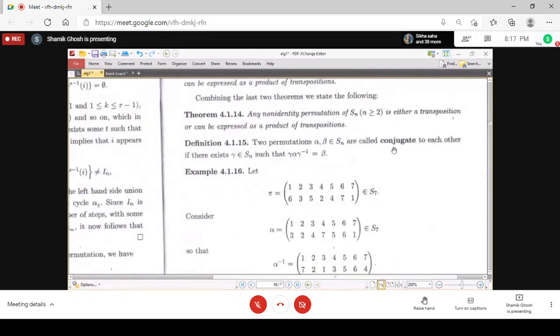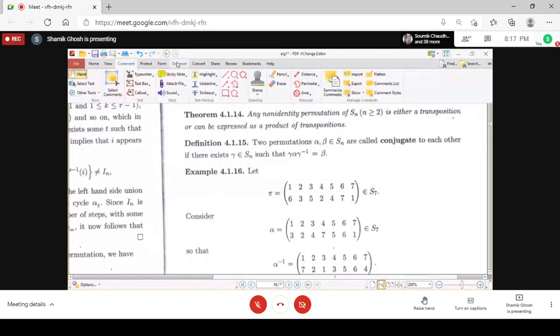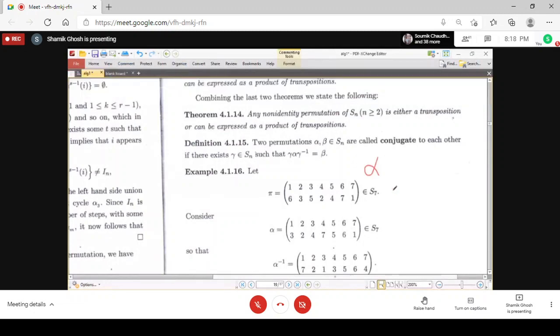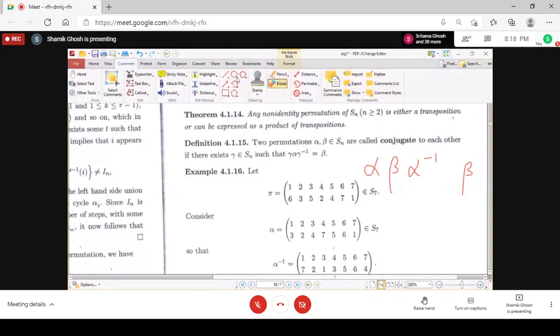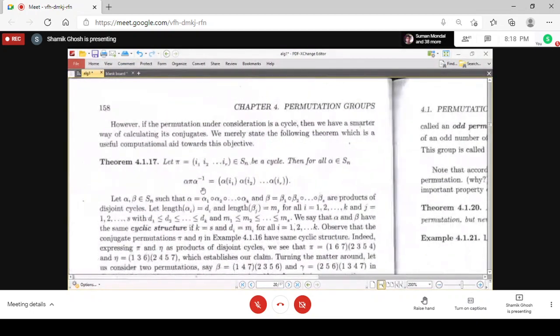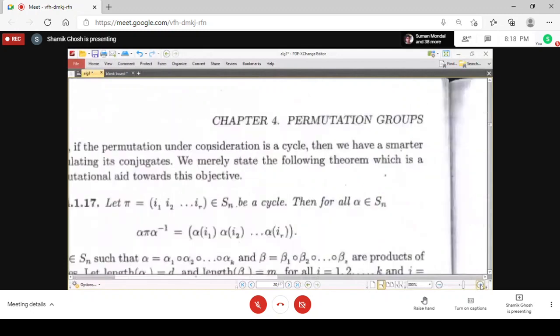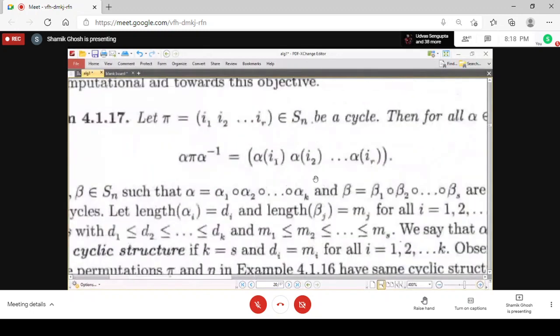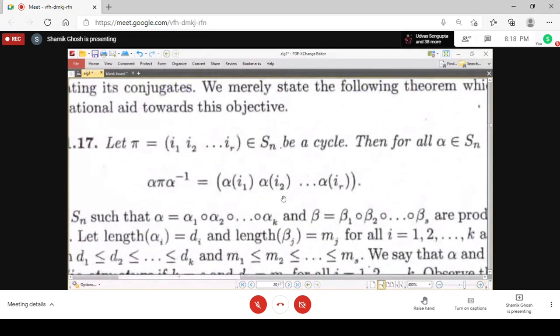Oh, another thing I forgot to tell you, these are called conjugates. Any element of this form, alpha beta alpha inverse, is called a conjugate. This is conjugate to beta. And there is a very interesting formula, which is very important, for how you can compute the cycles of a conjugate element.